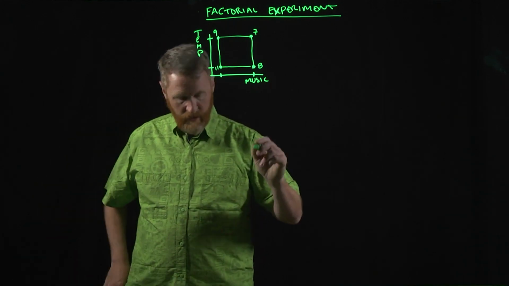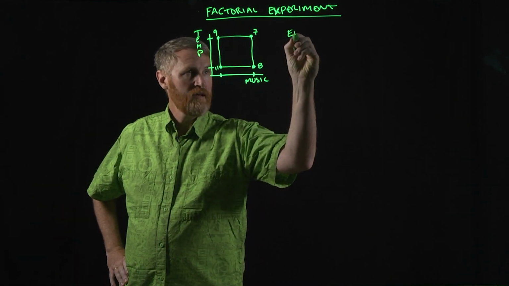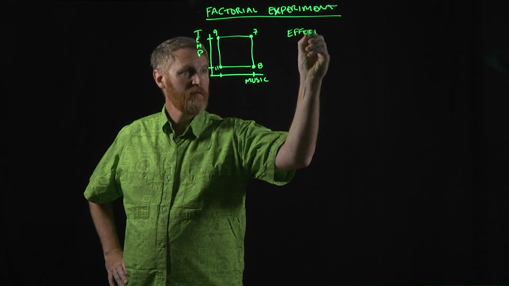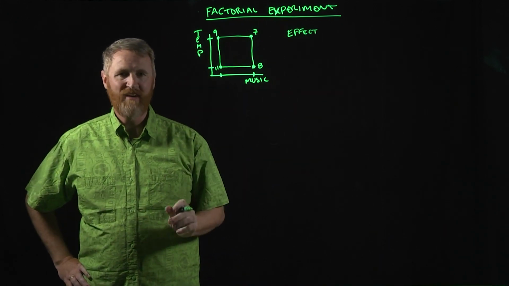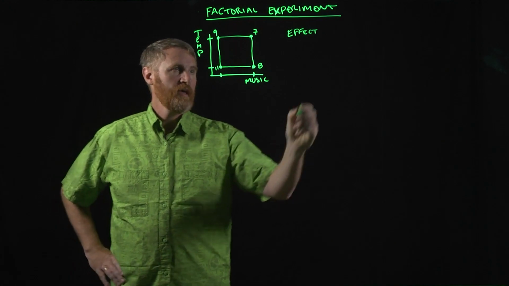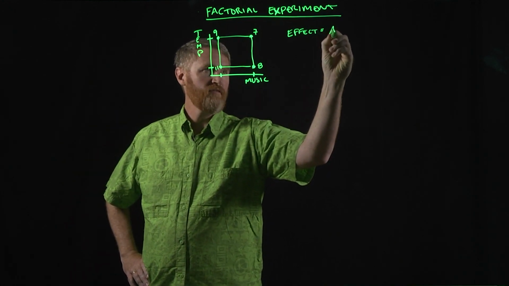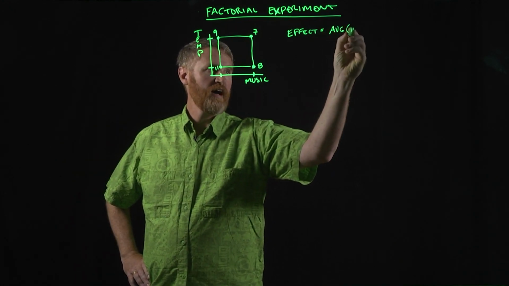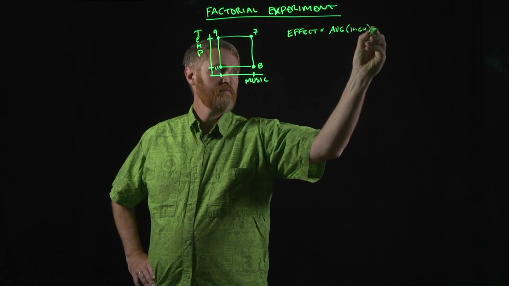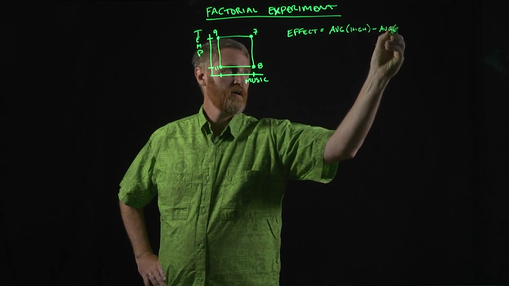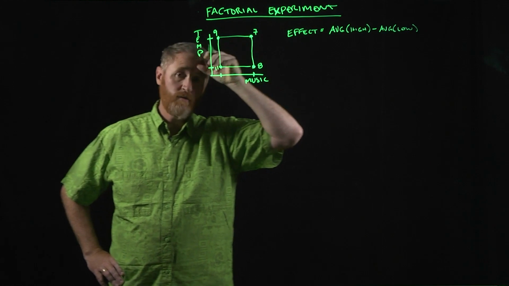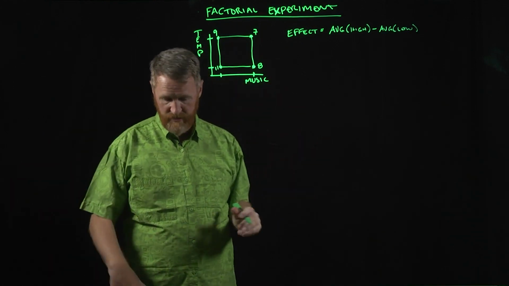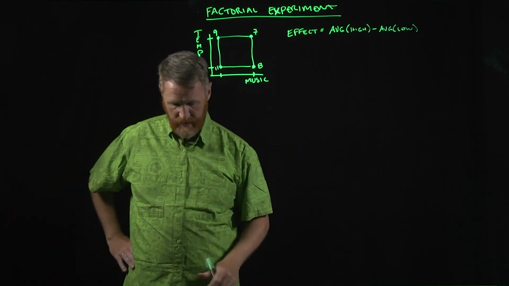Well, the measurement of an effect, how much does a factor have an effect on the output, is going to be equal to the average of the high minus the average of the low. That's how we would measure the effect, essentially the coefficient on what's happening here.